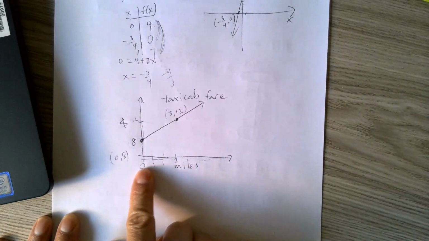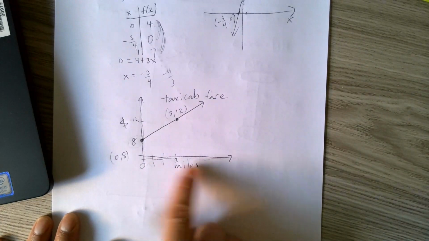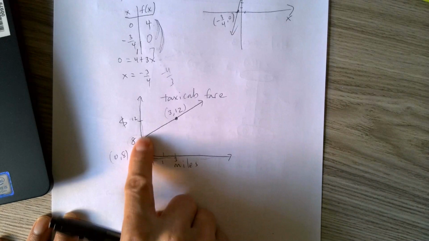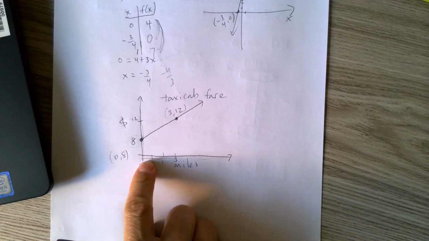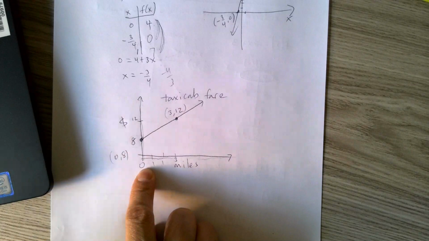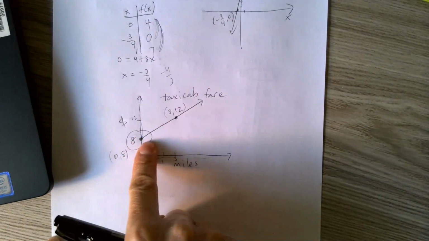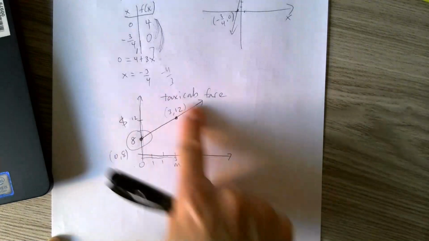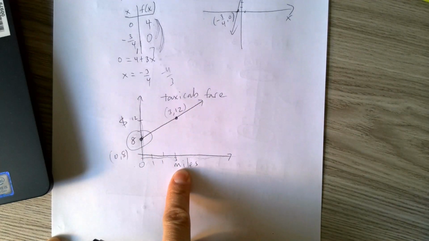So that means before the taxi even starts driving, you have to pay $8. So that's a fee that's automatic when you get in the taxi cab and tell him to go somewhere. You're going to pay $8, even if he goes a few feet, you're going to pay that $8. So that's the significance of the y-intercept in this particular situation. There's an $8 fee.